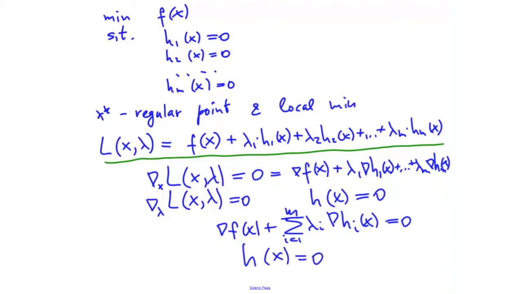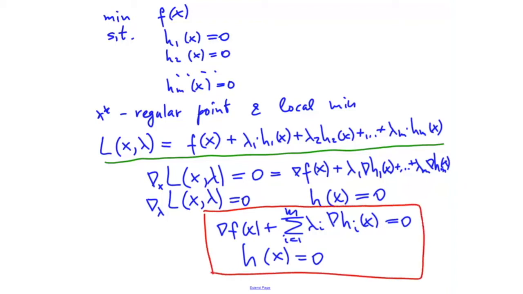Okay, so this is the condition that we have in the Lagrange theorem. Obviously this is not a rigorous proof of any sort, just something that hopefully will provide intuition for these conditions and help you remember what the conditions are about.